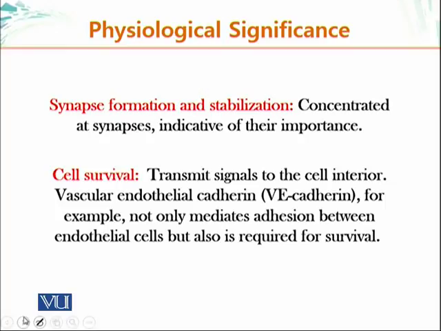These cadherin molecules play a very important role in cell survival because they can also transmit different signals. We have talked about cell signaling in the previous course. These molecules not only help cells stick together, but when they stick with the molecules of adjacent cells, this process also results in production of a signal that allows cells to live.